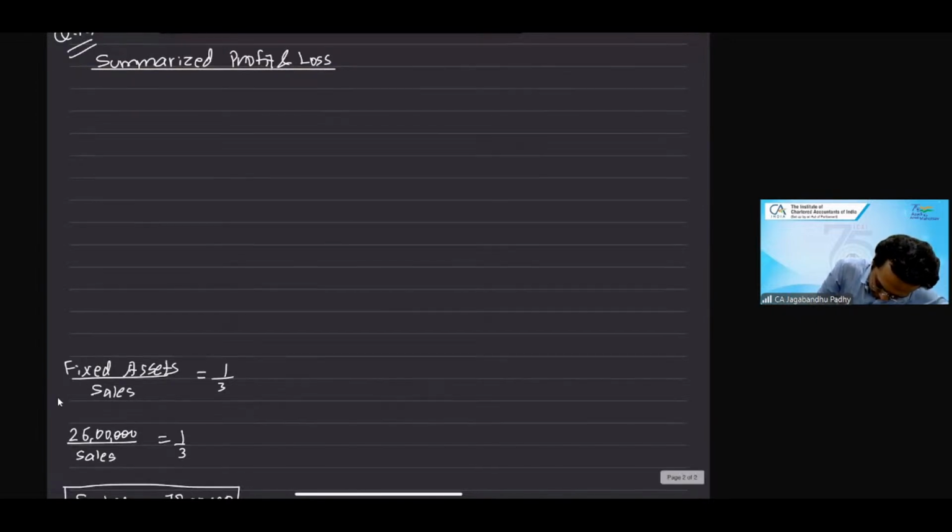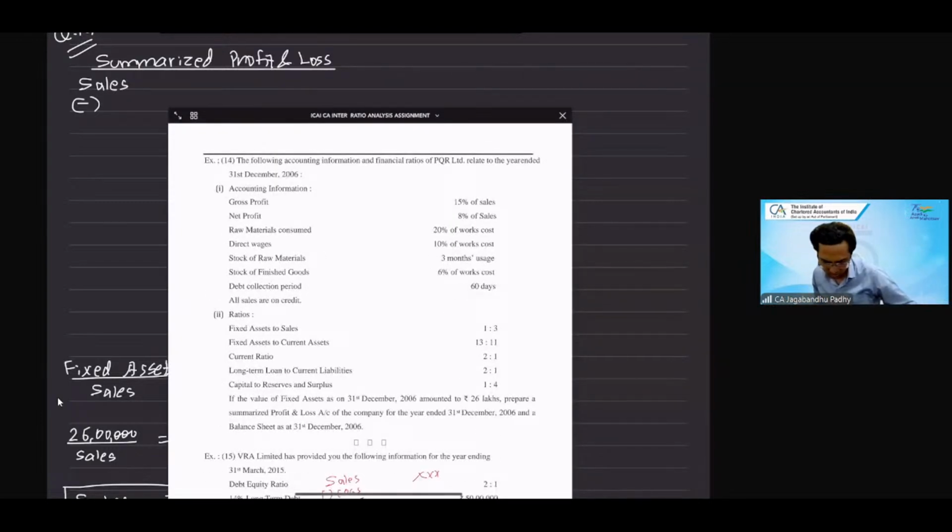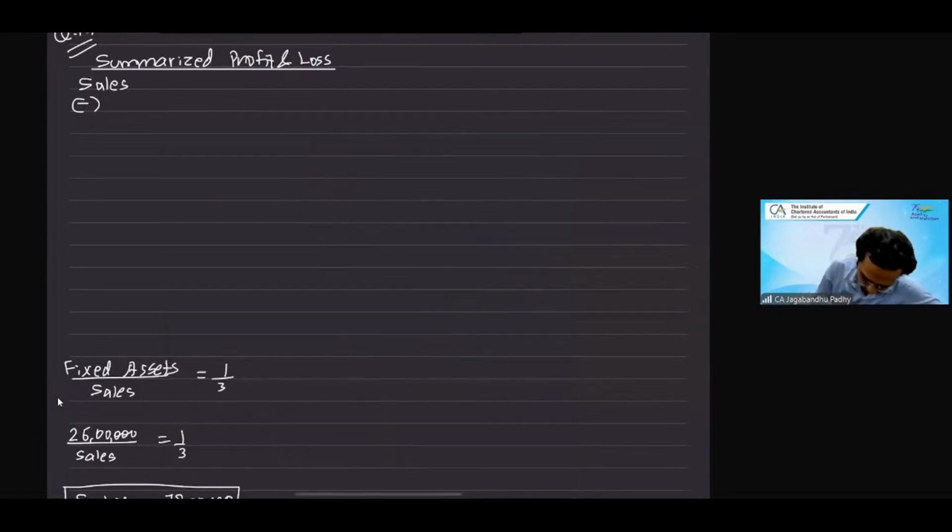We will start with, of course, sales. From that, they have used the word something called as works cost. Works cost has to be taken in synonymous with the COGS. Okay, so less works cost will give us the gross profit, right?